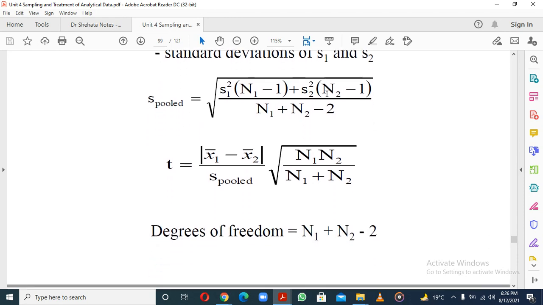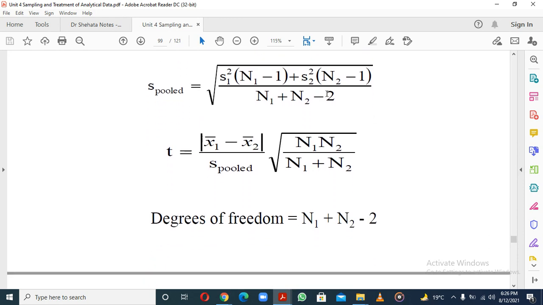So then, once you've gotten your pooled standard deviation, you get the difference of the sample mean of the first data set and the second data set, and that's absolute.